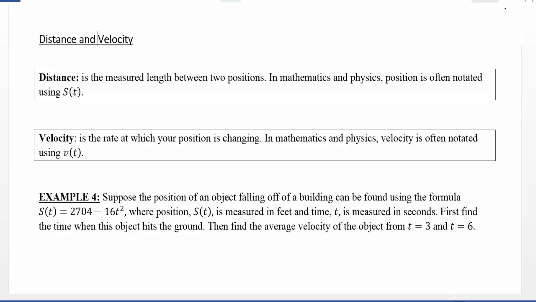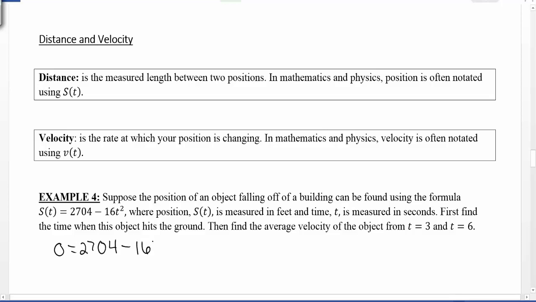The first thing we want to try to calculate is when this object hits the ground. So when the object hits the ground, the position of the object will be 0 because it will no longer have anywhere to go. So if position equals 0, that means we can take our function and set it equal to 0 to find the time when this object hits the ground.